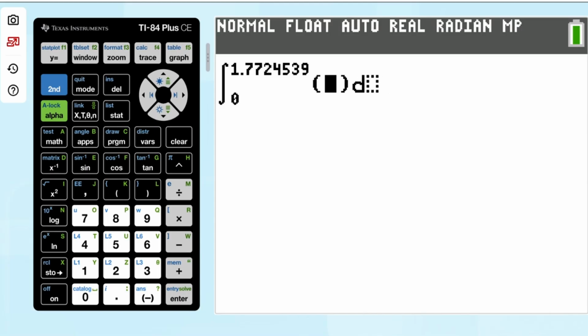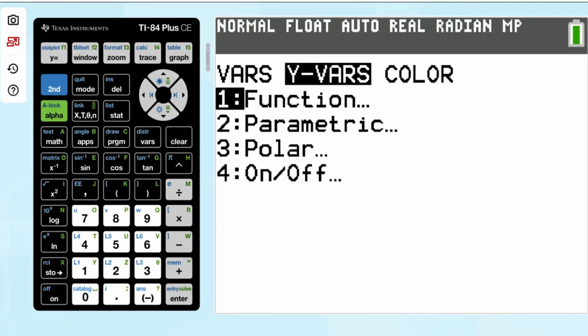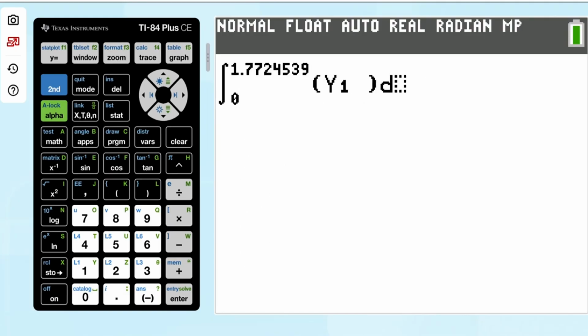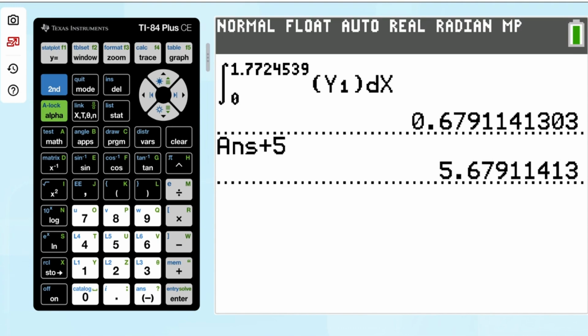And we'll input our function for f prime, which we can get by hitting the VARS button just to the left of clear, going over to the second column and choosing function. That's the function that we just graphed, so we can just put y1 in there. We don't have to retype the whole function. And it looks like we get 0.679. And then, of course, don't forget to add your 5 to it. So we get 5.679.